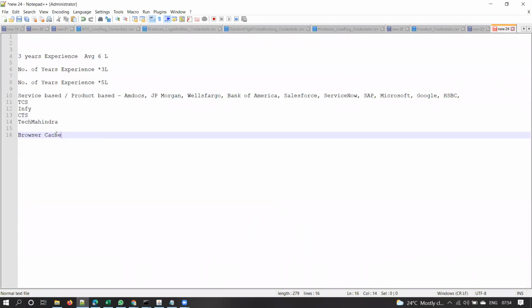Browser cache, right? Some people pronounce it differently. So what is meant by this browser cache? What is the purpose of this browser cache? It remembers all the previous history.